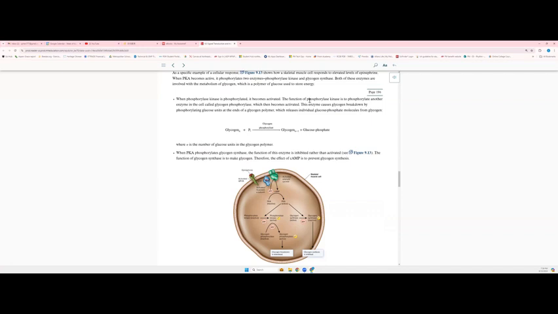So this activated enzyme can be used to phosphorylate another enzyme in the cell called glycogen phosphorylase. This enzyme is converted from inactive into active form. Then this enzyme can be used by the body to cause glycogen breakdown into smaller glycogen units.